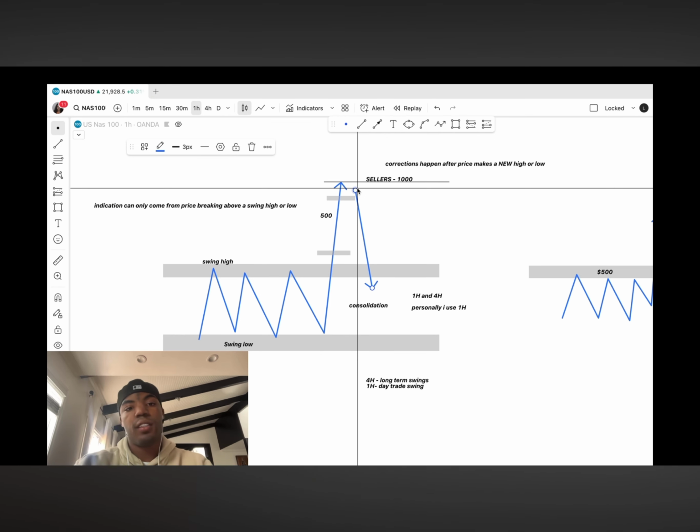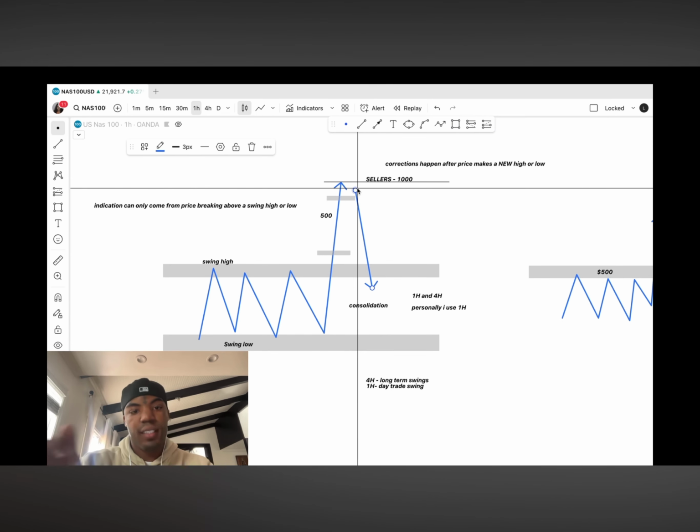You're using a correction in a way most people don't look at it, in a psychology way, because there are people FOMOing into random breakouts and making poor decisions based off of what price is doing, not thinking long term about the situation. Me, as a trader, I'm going to teach you guys how to think long term, but you can still trade day to day.